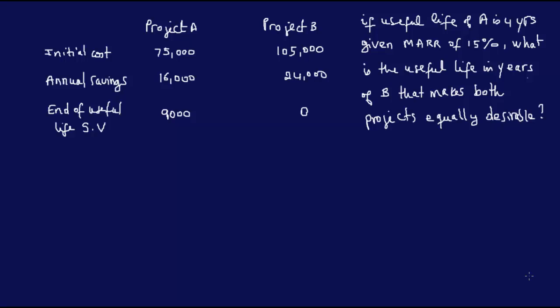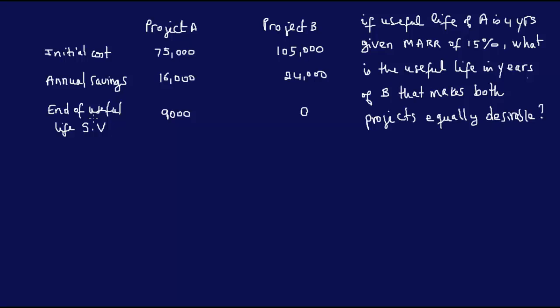So we have the initial cost of both, annual savings, and the salvage value. That's what I've put here as salvage value. You can approach this problem different ways: bringing everything to a present value, to an annual value, or to a future value.